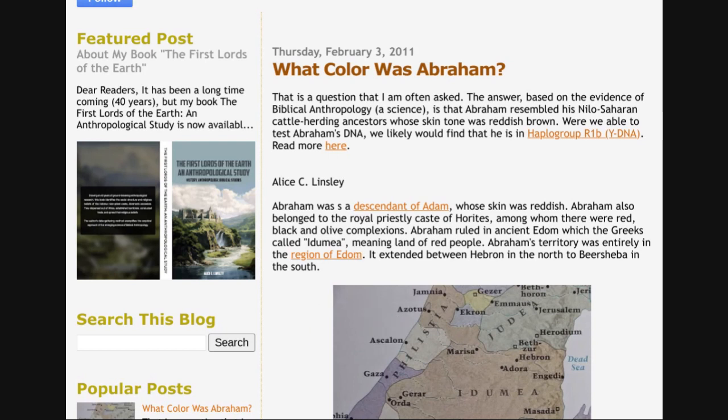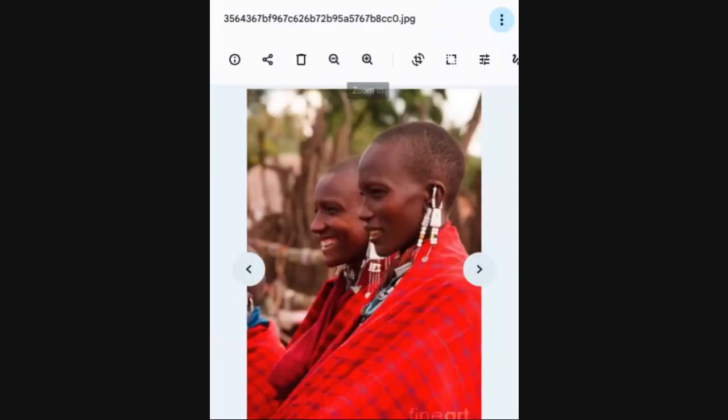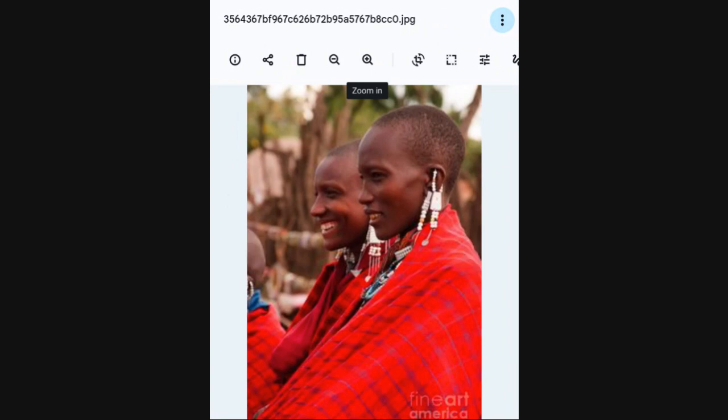I'll do that one next, maybe not today, but probably tomorrow. But then it goes on to say that among them were red skin, black, and olive complexion. Abraham ruled in ancient Edom, which the Greeks called Idumea, meaning land of the red people. Now, on my second screen, you can see the redness of the skin.